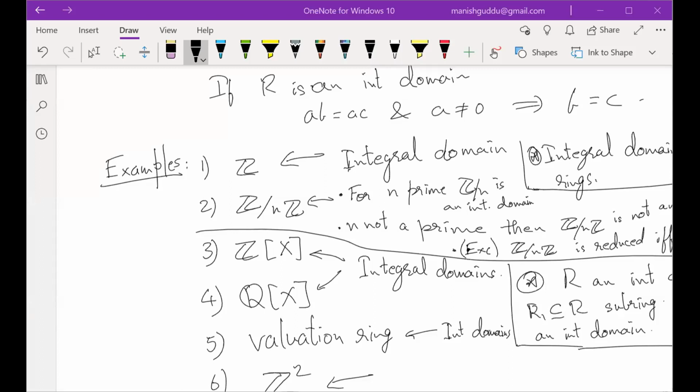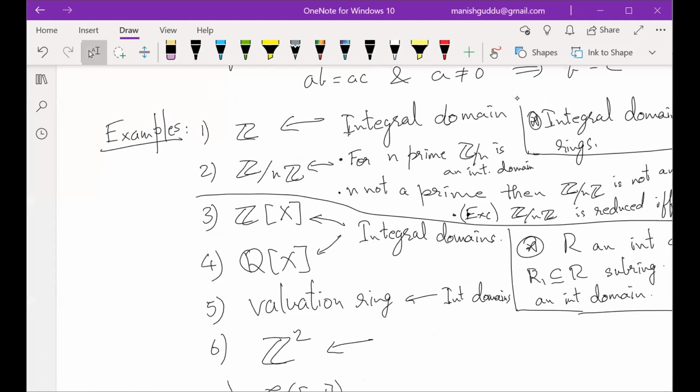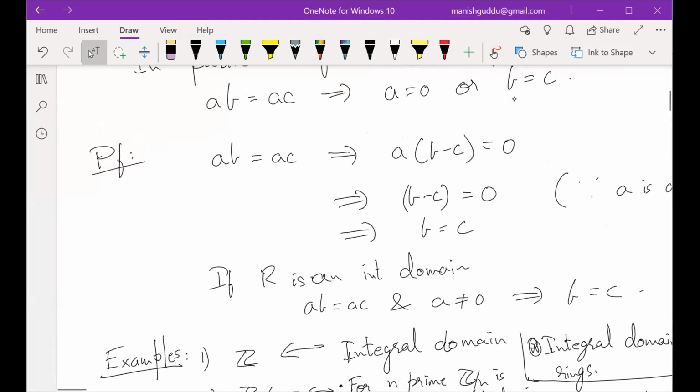Okay, so now next is Z square. What do you think about Z square? Is it an integral domain, a reduced ring?